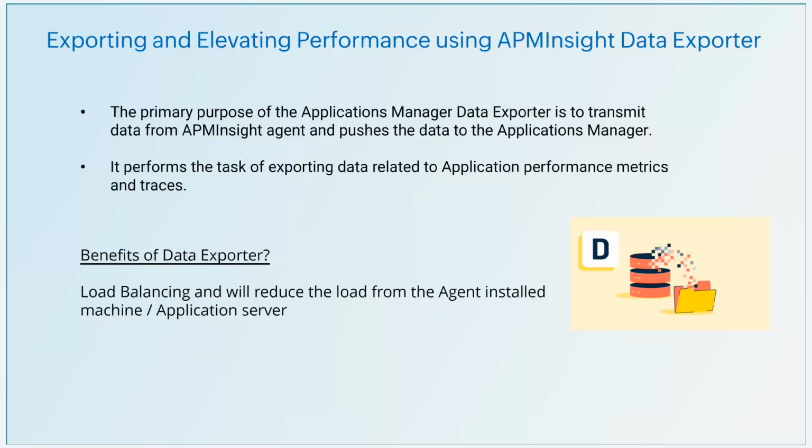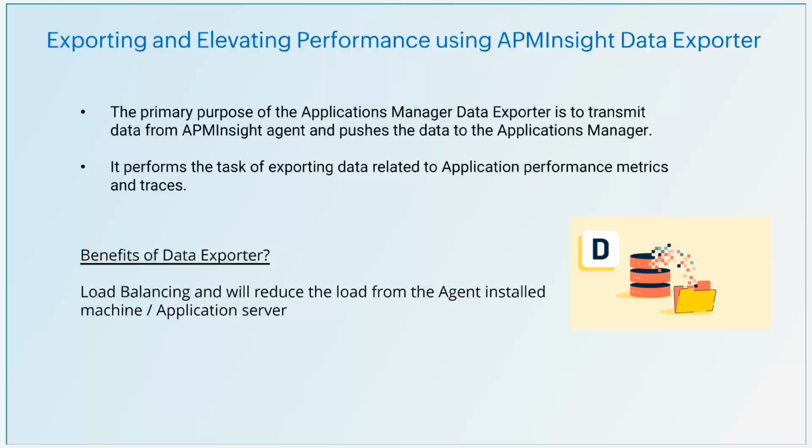Exporting and elevating performance using the APM Insight data exporter. The data exporter is a standalone component or module within the Applications Manager for collecting, processing, and sending the application metrics and traces for communication within the Applications Manager server.